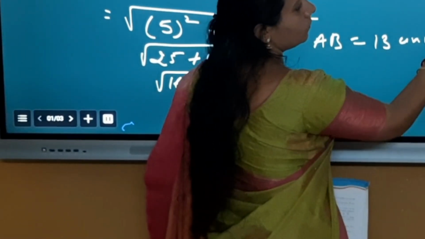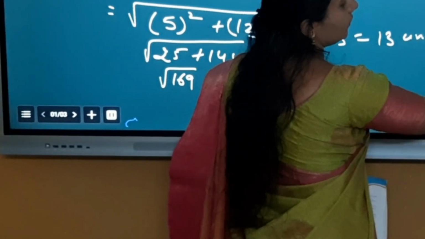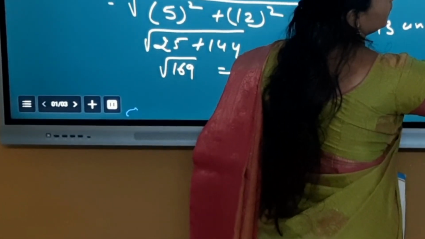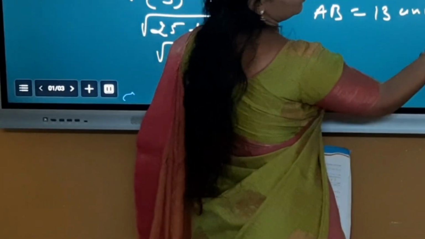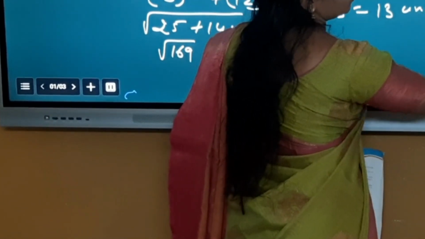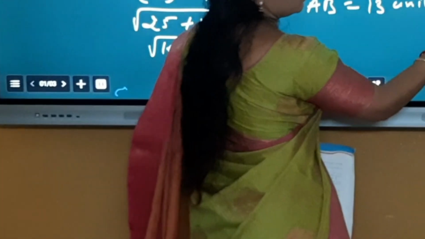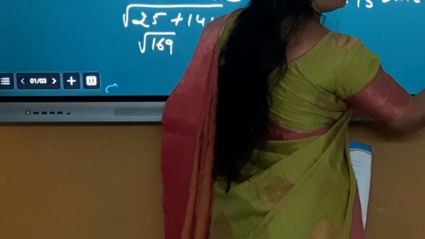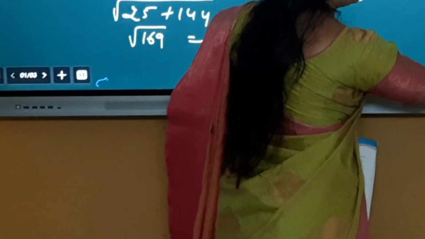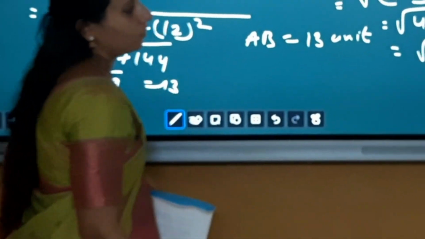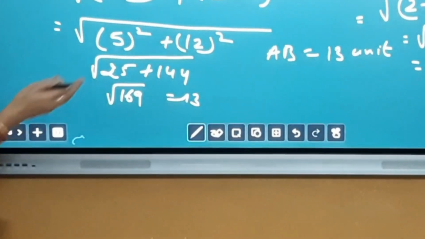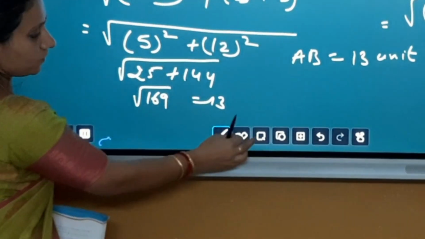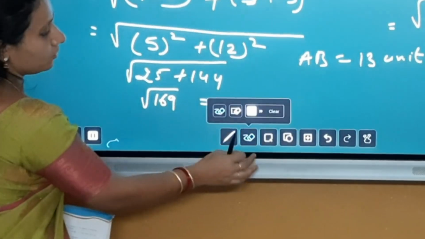The formula will be root over (2 minus 0) square plus (3 minus 0) square. 2 square is 4, 3 square is 9. So the distance is root 13. This is the final answer. This is for your MCQ. They can either ask for finding AB, that is the complete distance, or they can ask it as an MCQ. So this is a simple 2 marks question.